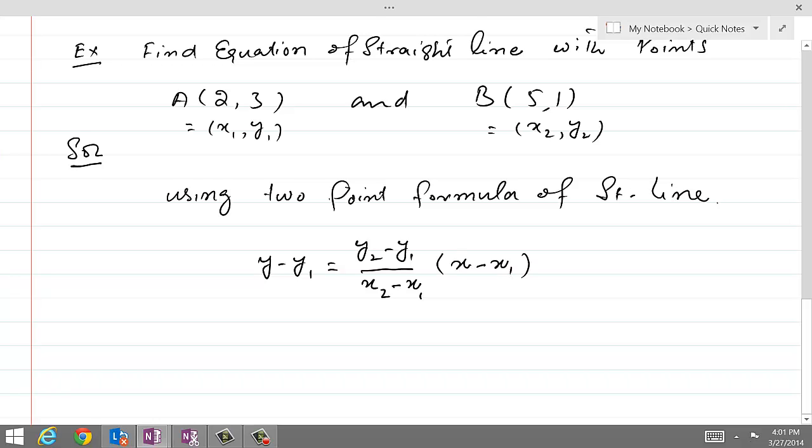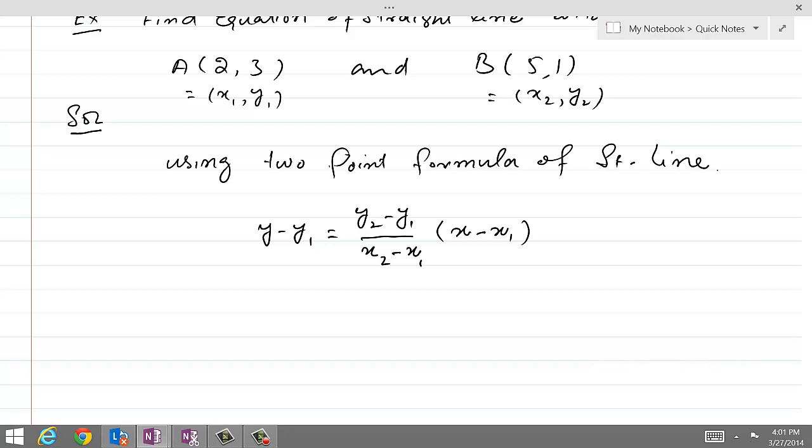So let's substitute the values of x1, y1 and x2, y2. This should give us y minus 3 equal to 1 minus 3 over x2 minus x1, that would be 5 minus 2, into x minus 2.